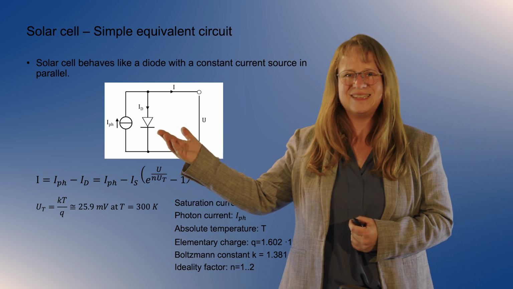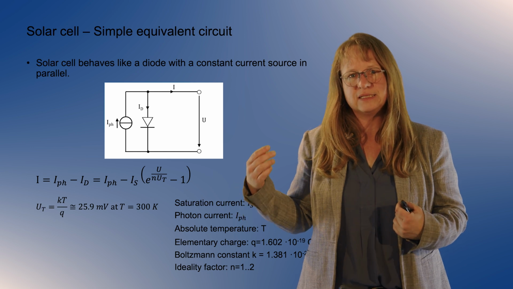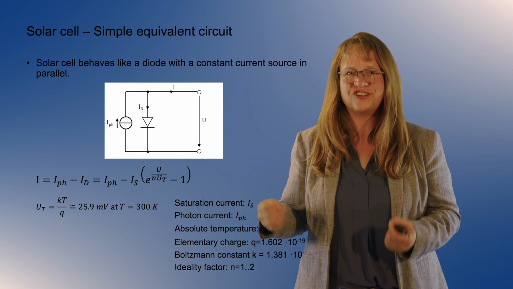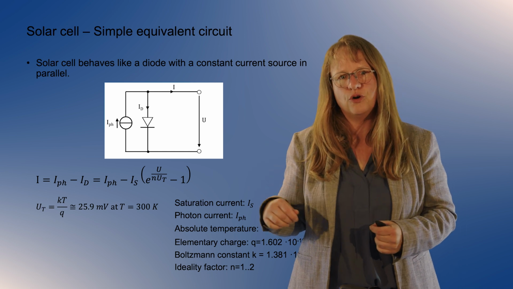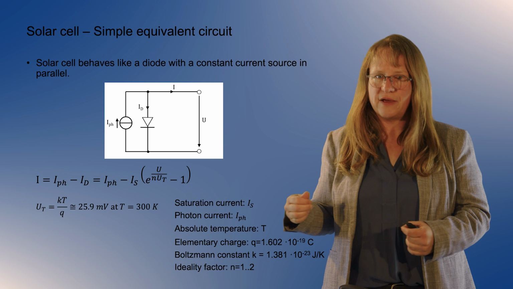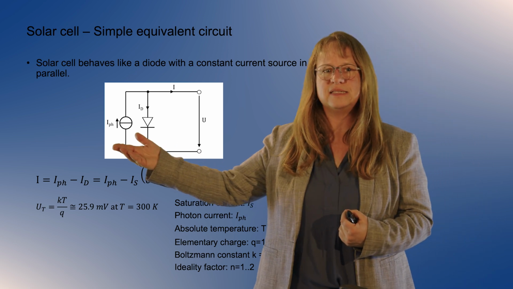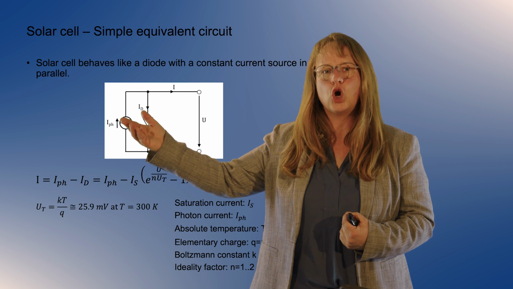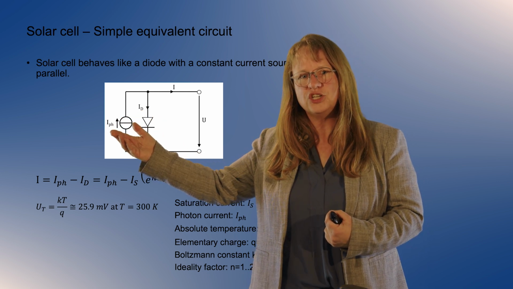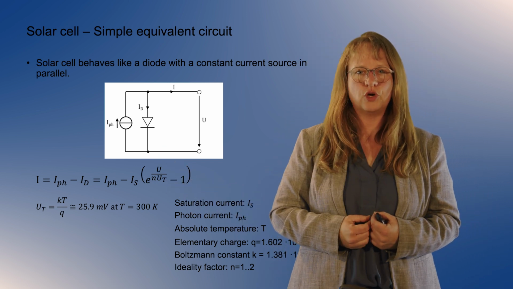And this is it here. The solar cell is a semiconductor device that typically has a P- and an N-doped region, and you will learn more on that in a different video. We can model it by a diode, and we also have the photons that are generating electrons. These are represented as a constant current source, where I_ph, the photocurrent, is generated by the solar cell.